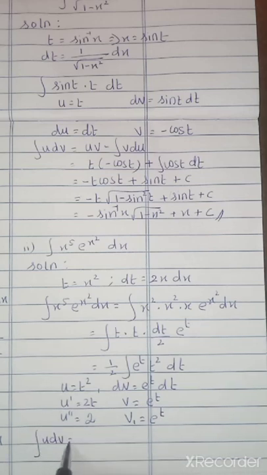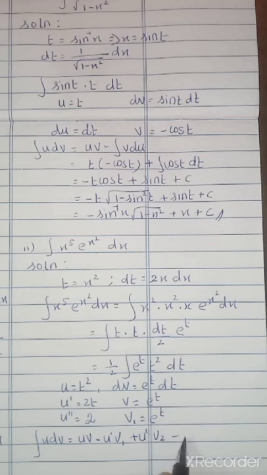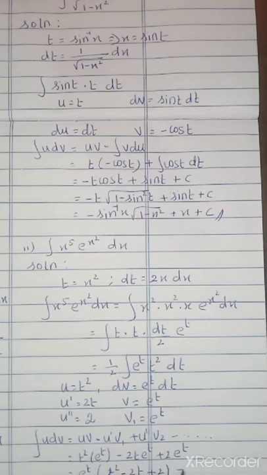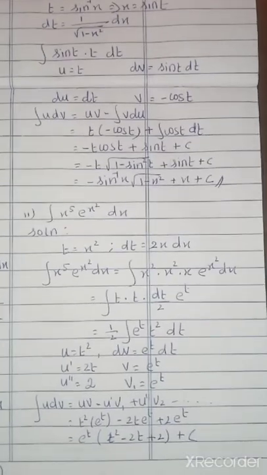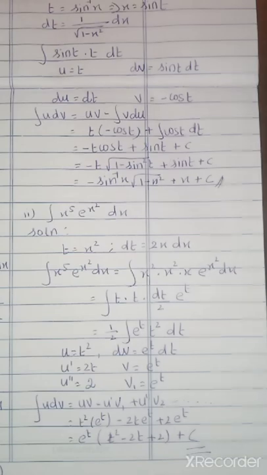Integral u dv equal to uv minus u dash v1 plus u double dash v2 minus etc. So what is your value? T square e power t minus 2t e power t plus 2 e power t. If you take e power t common you will get t square minus 2t plus 2, plus c is your final answer. So this is your integration by parts method.